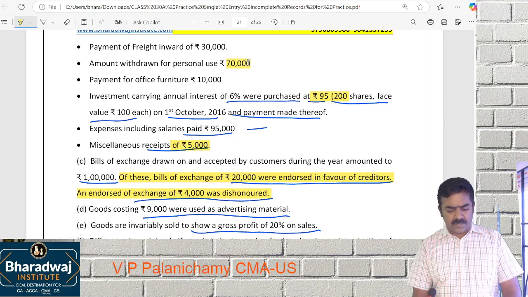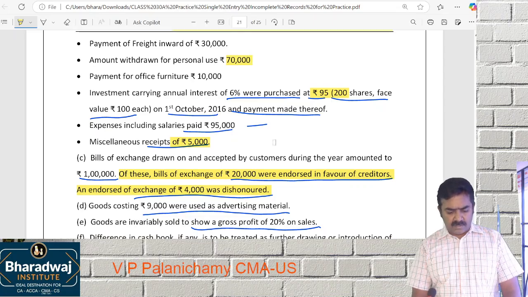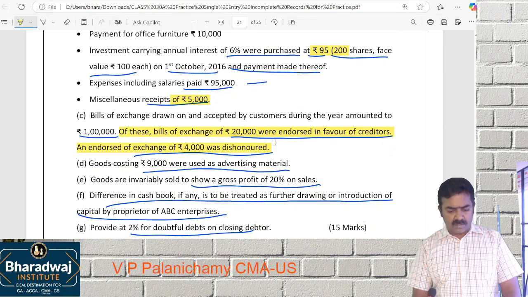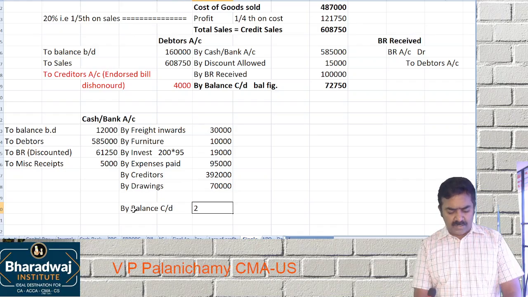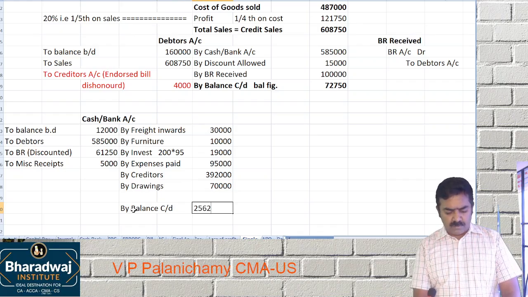Amount withdrawn for personal use, how much? 70,000. By drawings, as of now we can keep 70,000. Then, by balance carried down, what is the closing balance given in the question? 26,250 given in the question.